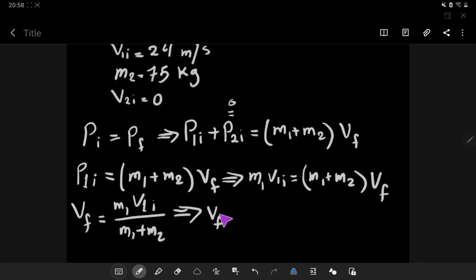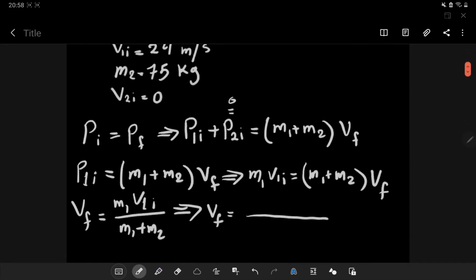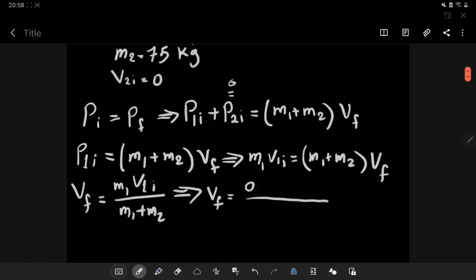So V final equal to, now we will write the numbers that we have in the question. V final equal to the first mass, we have it in the question, which is 0.105, multiplied by 24, over 0.105 plus 75.